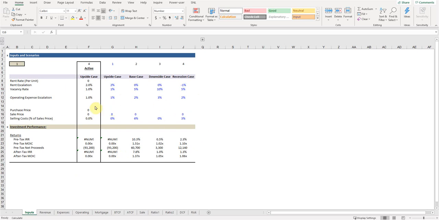is really your dashboard for inputting any key input that would go into the model, and it's fully customizable, so you can add, delete, remove, change any sort of input here, and it'll flow through the model.